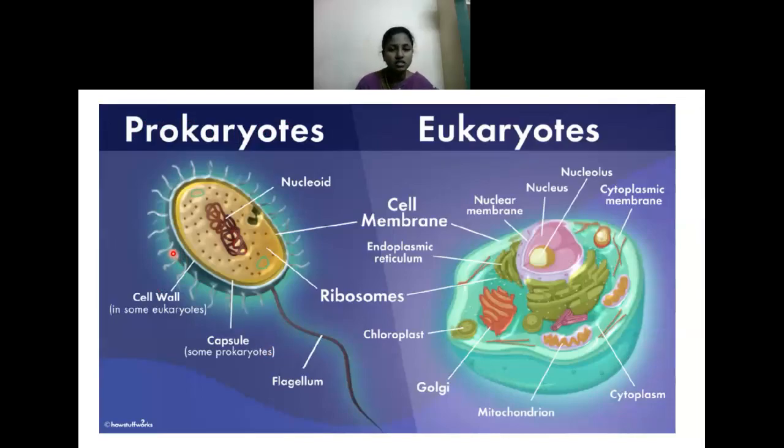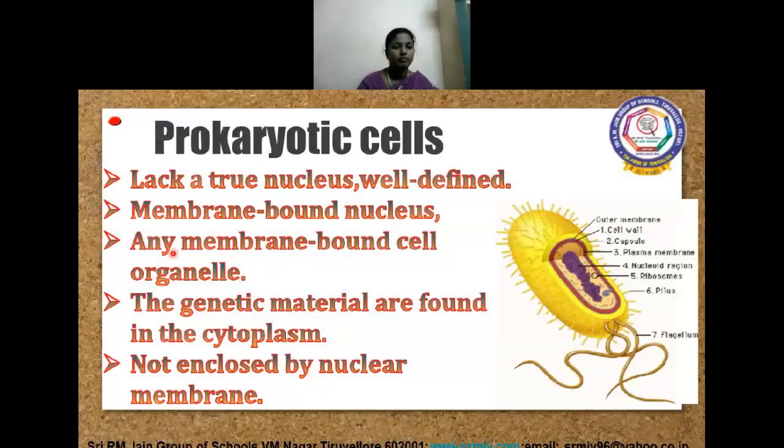Let us discuss prokaryotic cells and eukaryotic cells. There are two broad categories of cells: one is the prokaryotic cell, another is the eukaryotic cell. A prokaryotic cell lacks a true, well-defined membrane-bound nucleus and any membrane-bound cell organelles.